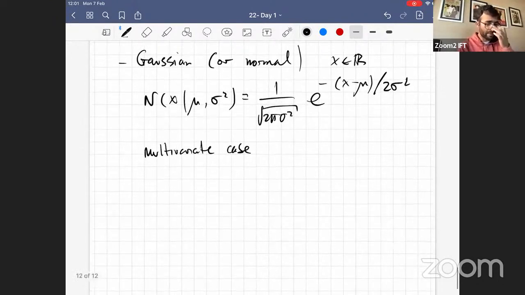it is something that is very used in data analysis. So imagine that the dimension of x is just d.